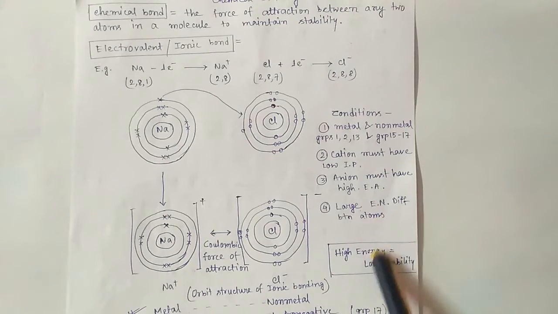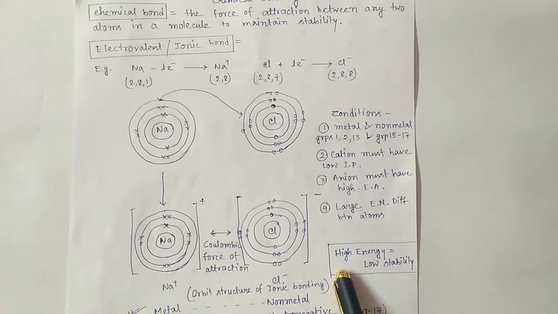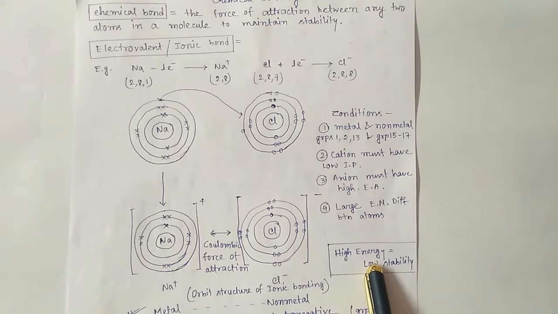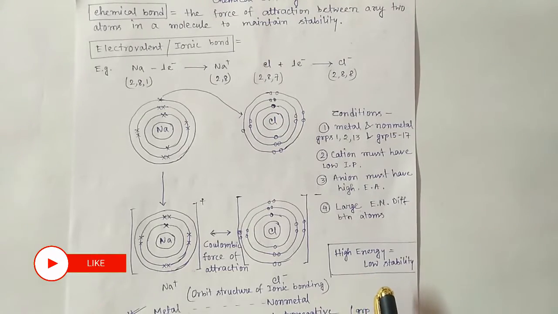I have also told you that if a molecule or element releases more energy, it gains high stability. If any element has high energy, it has low stability. So when chlorine accepts an electron, it releases energy and thus gets more stability.